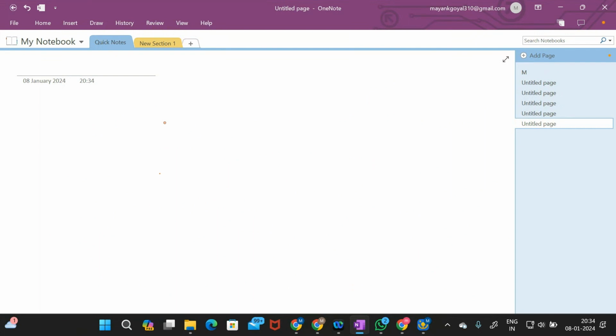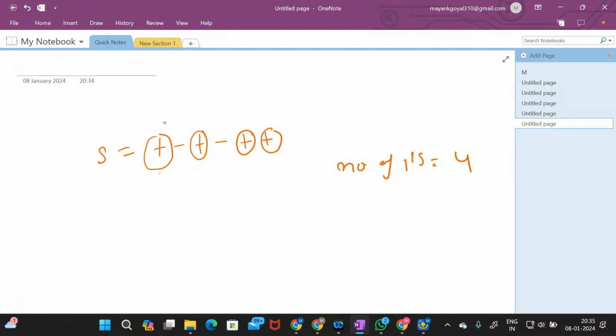Now let's say plus, minus, plus, minus, plus, plus is the string given. First we count the total number of ones: 1, 2, 3, 4. So the number of ones is 4.